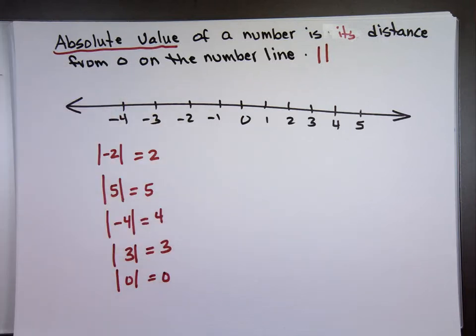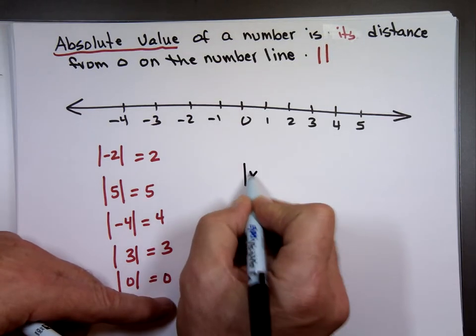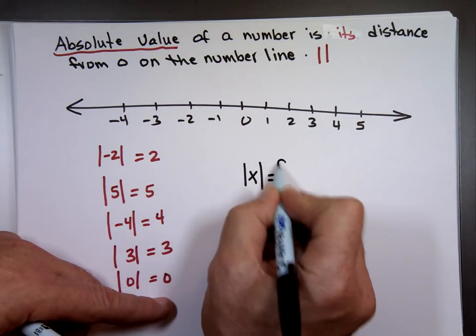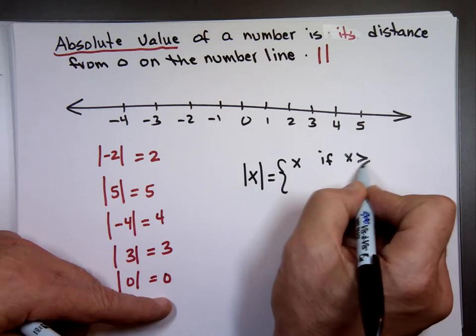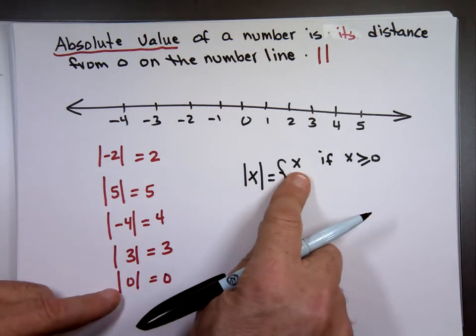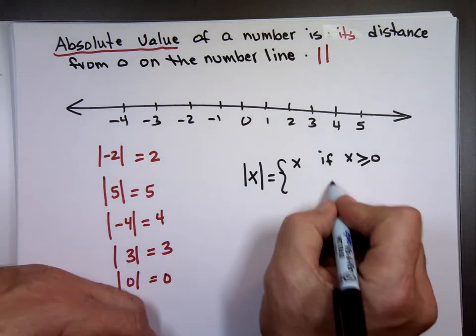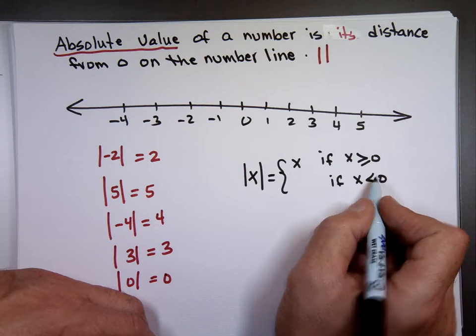What do you notice about that? When the number is positive, what do you do? Leave it alone. When the number is negative, what do you do? Change it to positive. If you look at the definition in the math book, the absolute value of x is x if x is greater than or equal to 0. If the number is bigger than 0 or equal to 0, leave it alone. But if the number is less than 0, take the opposite of that.